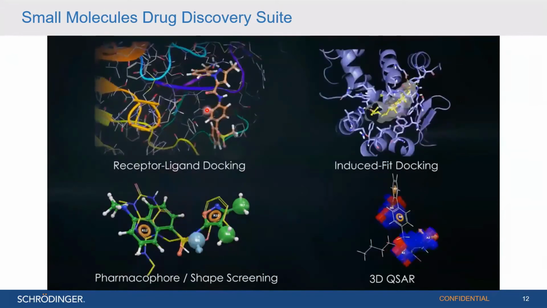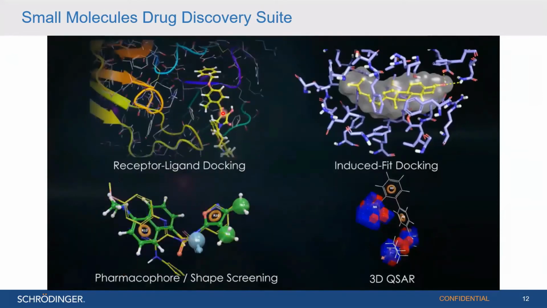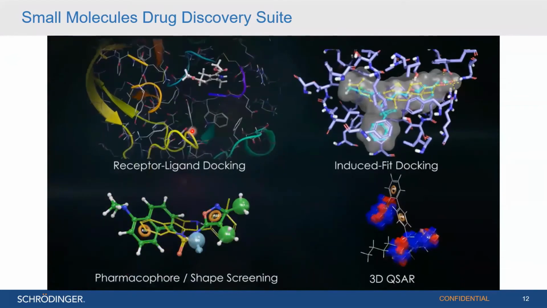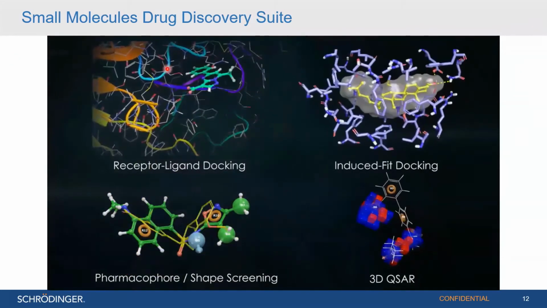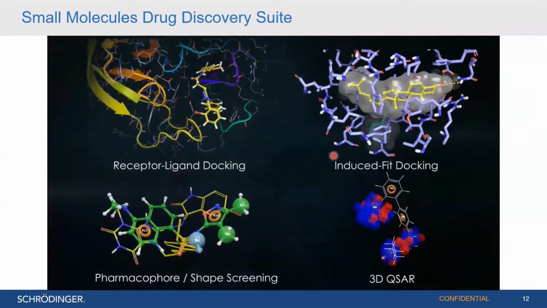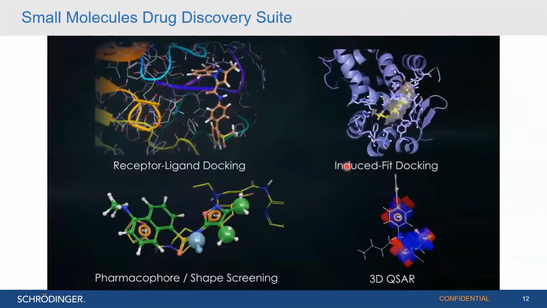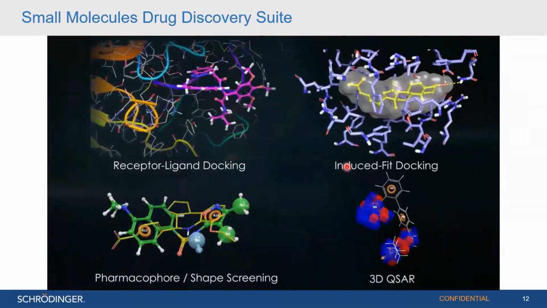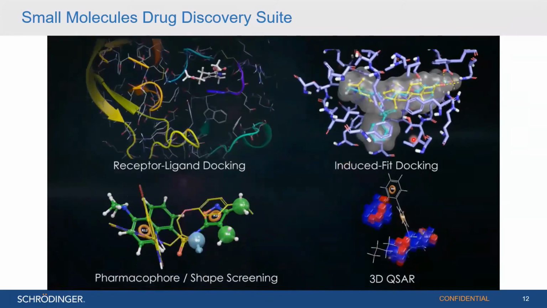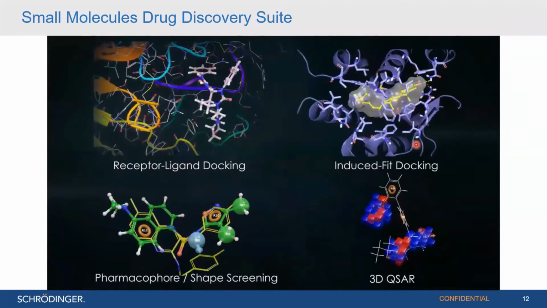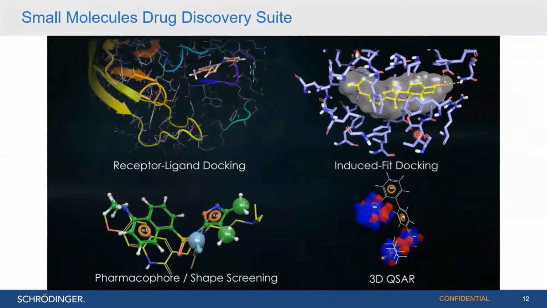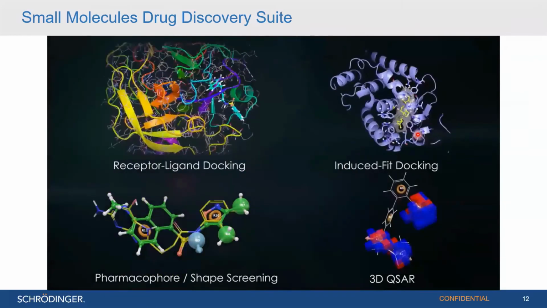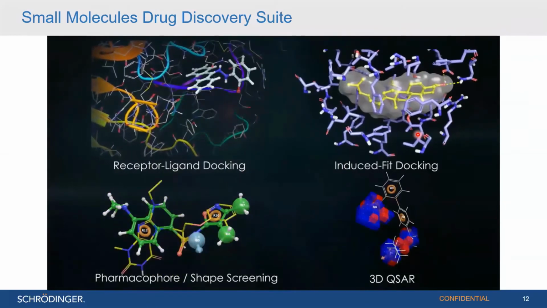In traditional molecular docking, we consider the protein as a rigid molecule. But with another module called induced fit docking, which is again part of the Schrodinger suite, we can also consider the binding pocket amino acid residues of the protein as flexible, which helps you understand the protein structure and its conformational changes in a better way.